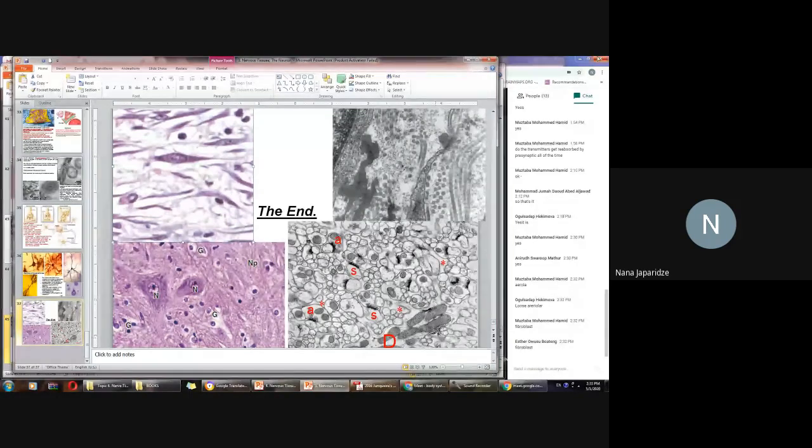But what is the case in nerve tissue? We have neuropil instead of this type of extracellular matrix. Of course, ground substance is here, a small amount of ground substance, but actually the whole neuropil is constituted by the cellular processes, glial cells, and synaptic connections.